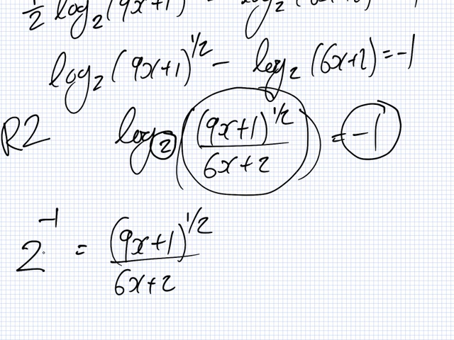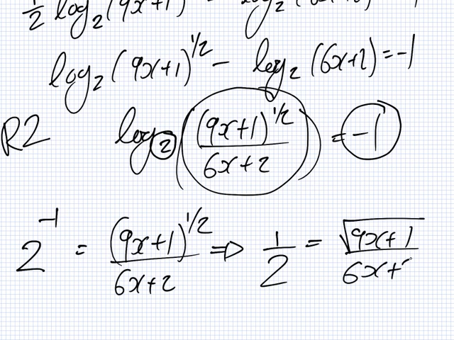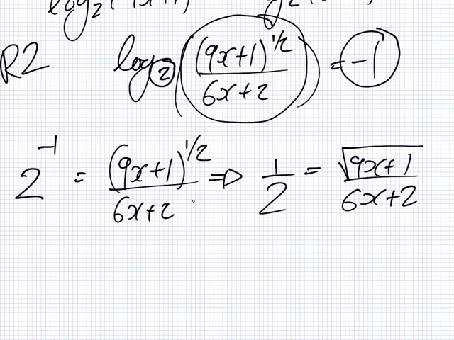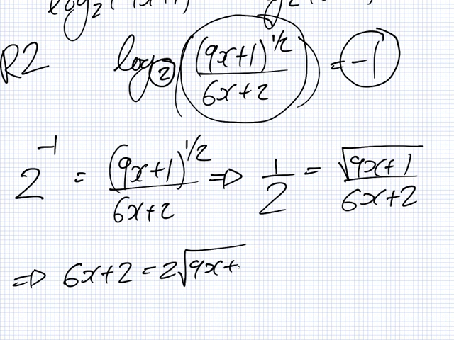And 2 to the power of minus 1 is 1 over 2, and power a half is square root. I'll cross multiply. So I get 6x plus 2 equals 2 square root 9x plus 1.